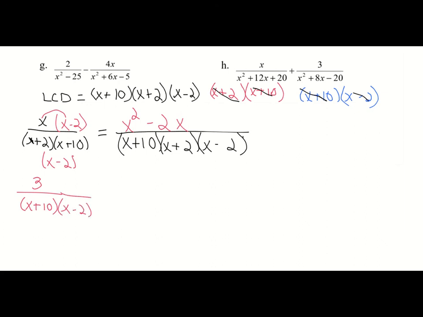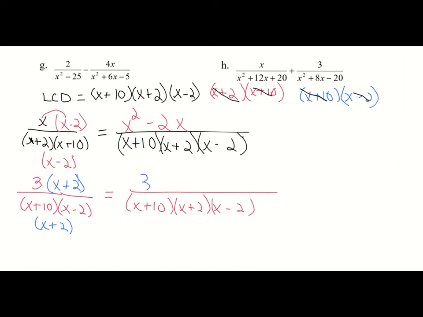But again, I needed to have a denominator of x plus 10 times x plus 2 times x minus 2. So I am missing this time x plus 2. So I'm going to multiply by x plus 2. So that's going to give me 3x plus 6.